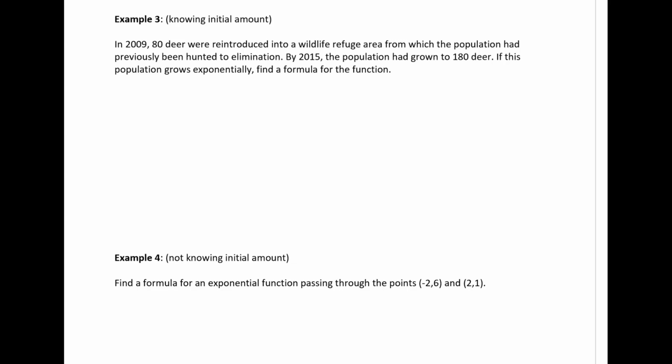And so for this one, we need to create a little bit more of what's going on. So we're going to pull our data first. And so we see that in 2009, there were 80 deer. And we see that in 2015, there were 180 deer. So let's kind of relate that. In 2009, that's going to be our starting year, so we're going to call that t equal to 0.